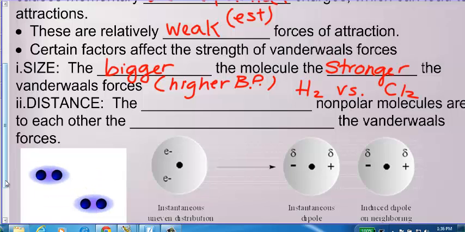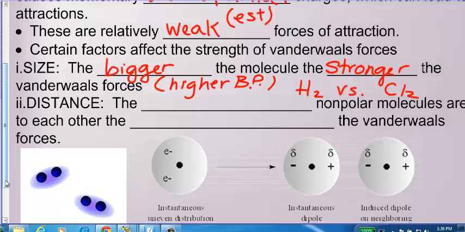They're both nonpolar molecules. They both have van der Waals. Who's bigger, hydrogen or chlorine? Hydrogen only occupies one energy level, and chlorine is in the third row, so it has 3 energy levels, right? So who's bigger? Chlorine is bigger.